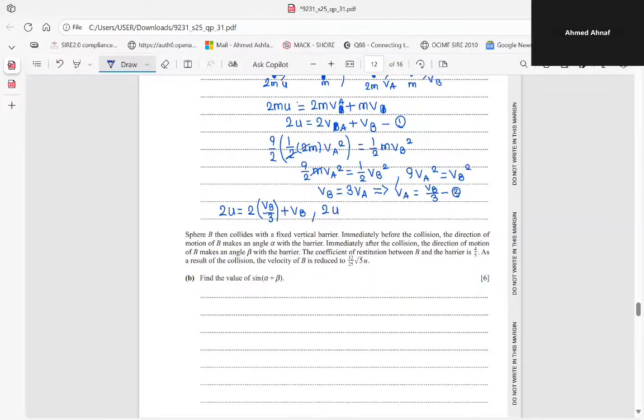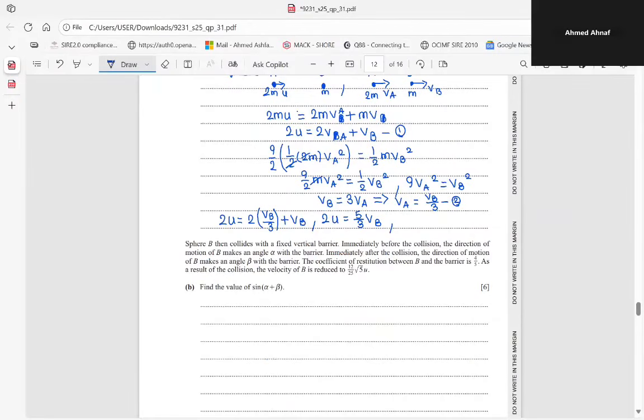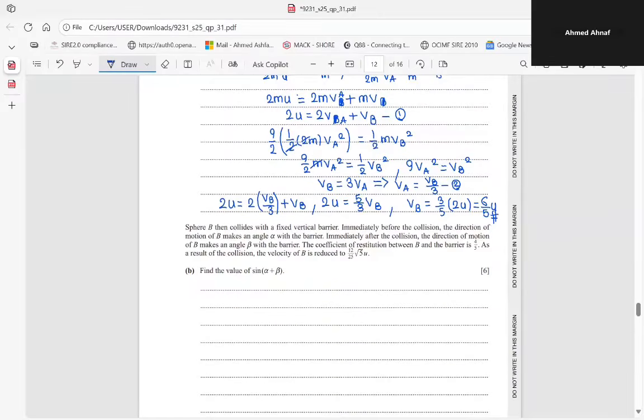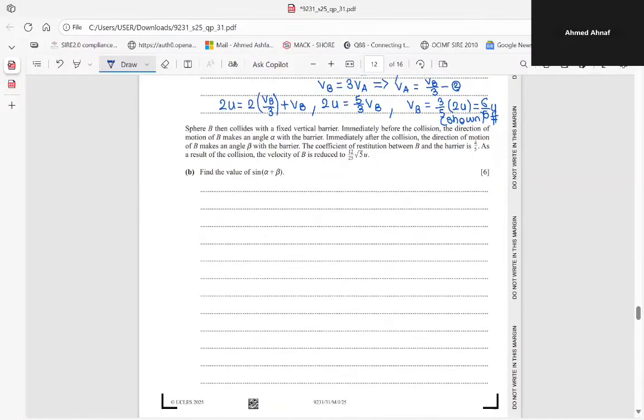So this is 2U equals 2/3 plus 1, which is 5 over 3 VB. And making VB the subject, just multiply both sides by 3 over 5 times 2U. You'll get 6 over 5U. So this is our final answer. We've shown the result. Let's head on to the next part.